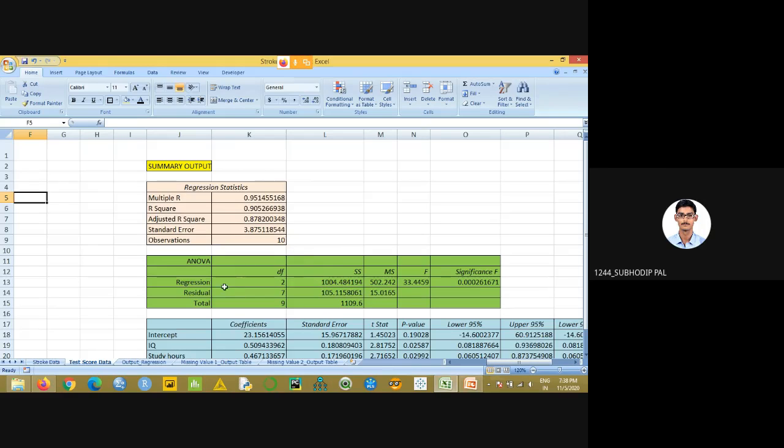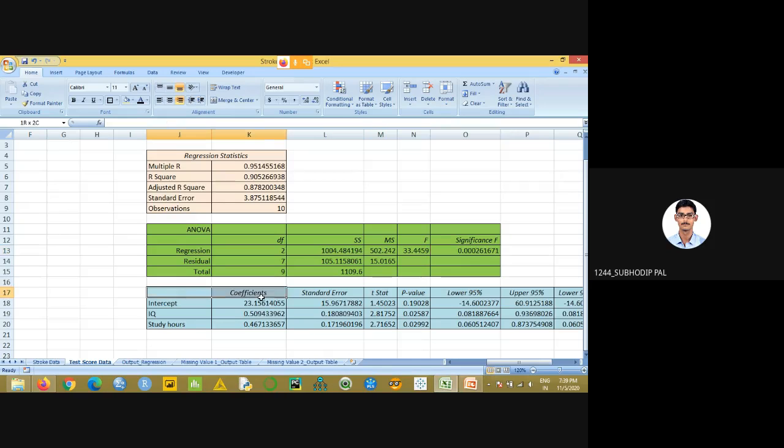Then the degrees of freedom for regression, residual, and total. Then SSR, SSE, SST, MSR, MSE. Then the F statistic: what is the formula? MSR upon MSE. And this significance value is the probability value, which we get from the F table. You had already used the F table in BA1, right?